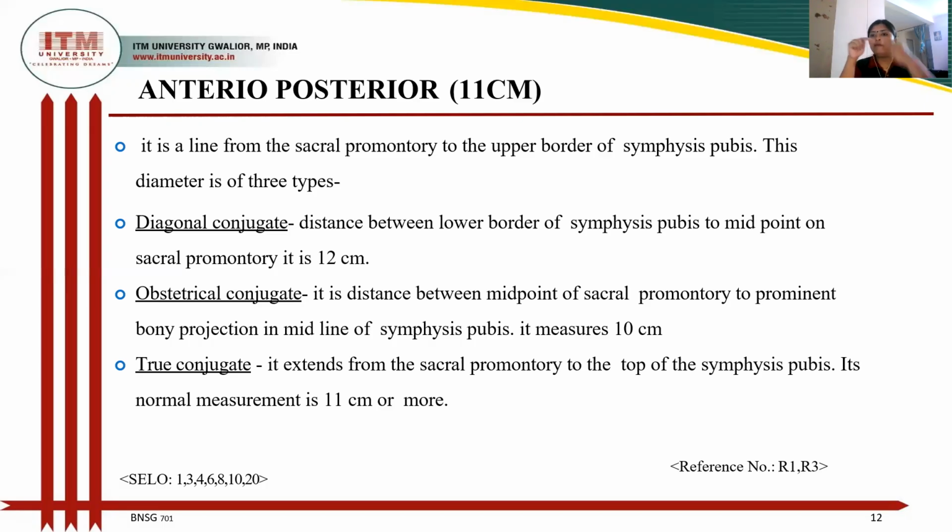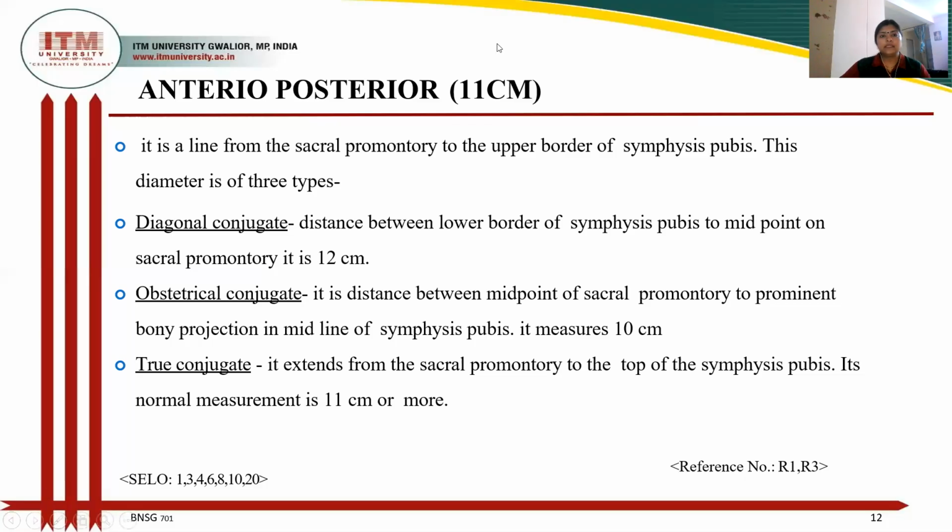Up is the anteroposterior diameter, below is the diagonal conjugate, and in between, this symphysis bone point in the center, we measure from the midpoint of the sacral promontory to the prominent bony projection, where the symphysis pubis is most prominent. So we are calling it as what? We are calling it as obstetrical conjugate, and that is around 10 centimeter in length.